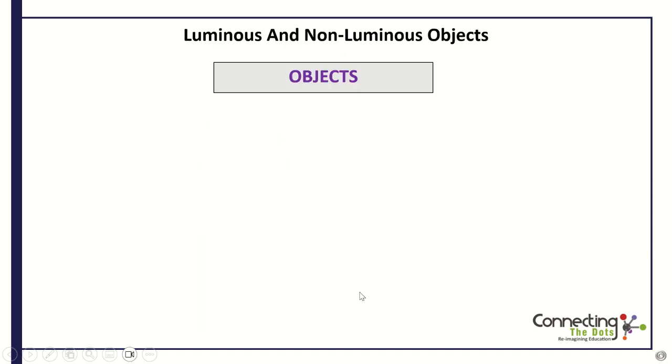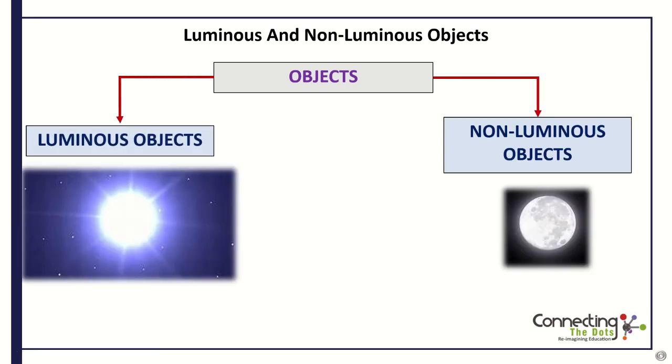Now, let's understand the various types of objects, that is the luminous and the non-luminous objects. There are two classifications of objects based on their ability to emit light or not. Luminous objects are those objects which emit their own light. For example, sun, stars, electric bulb, they all emit light.